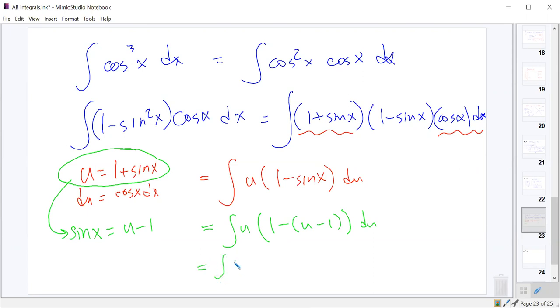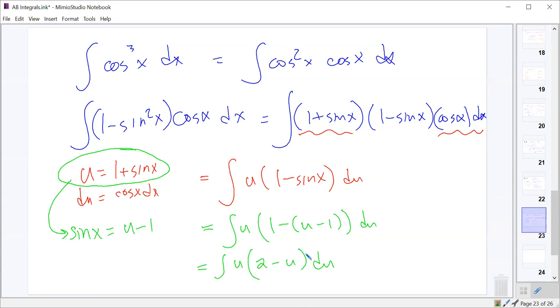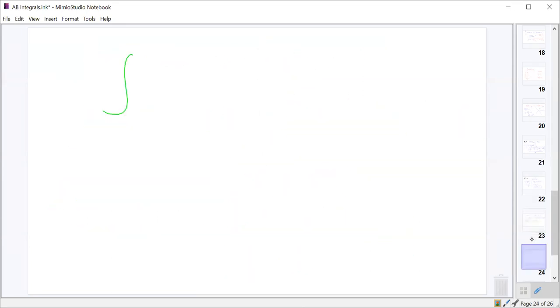So we've got an integral of u times 1 minus u minus negative 1, which ought to be 2 minus u du, which would give us, I'm going to go to a new page for this, an integral of 2u minus u squared du.